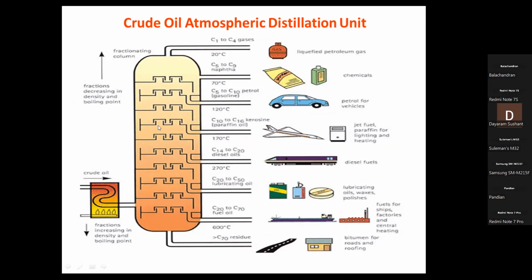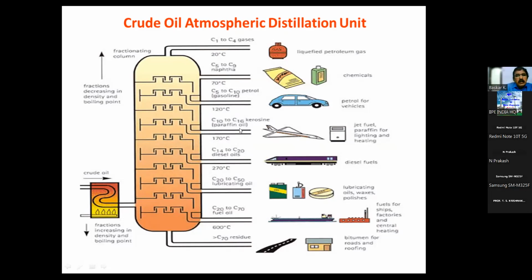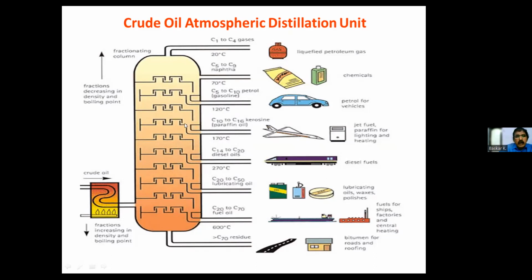You can see that trays are available at the collection point. This is a collection point where the gases at 170 degrees get condensed. The liquid is knocked off at 170 degrees, and then we are drawing it as kerosene.